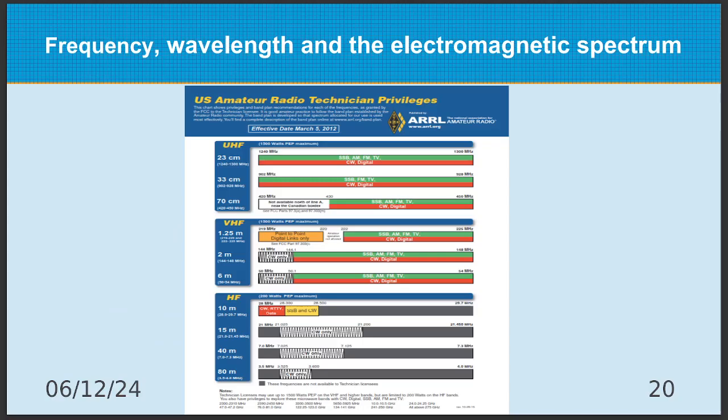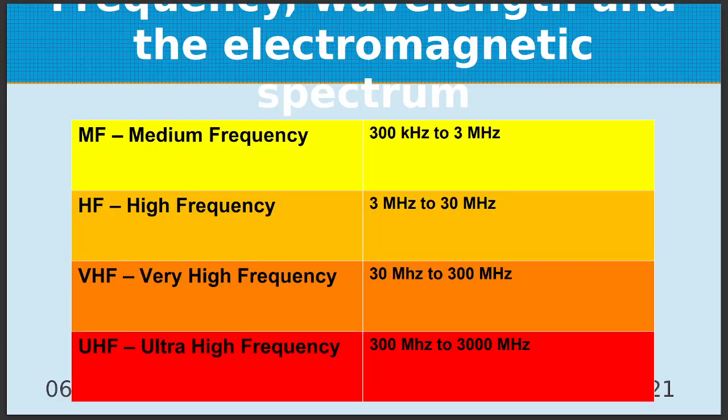There's a chart, and this is available on the ARRL website. You can pull their chart and print it out or just save it to your device, and it gives you the exact range. So your medium frequency range is from 300 kilohertz to 3 megahertz.